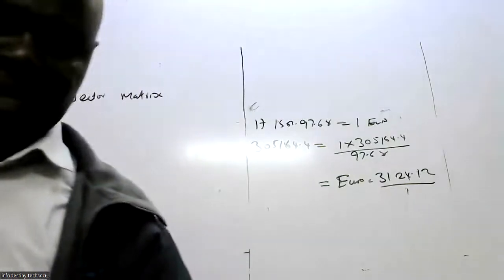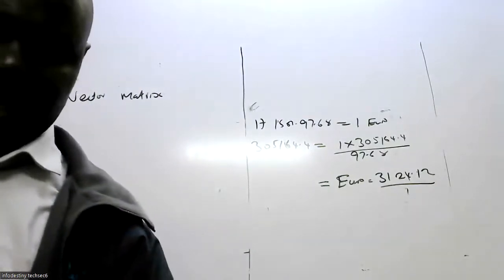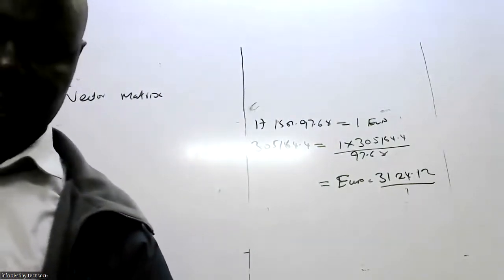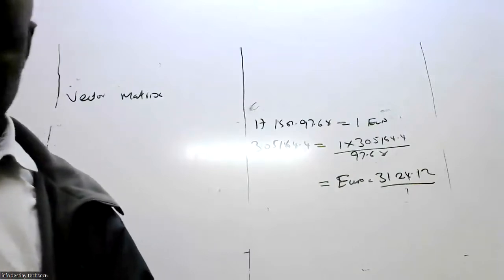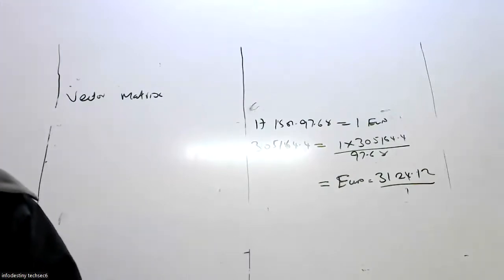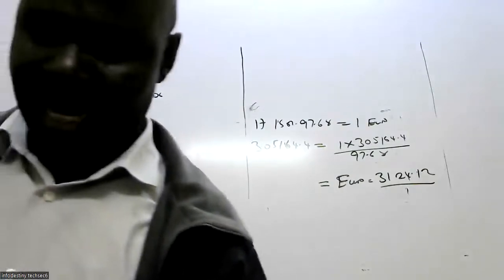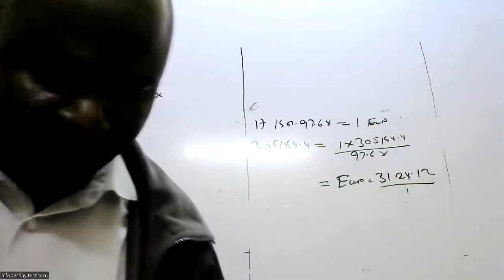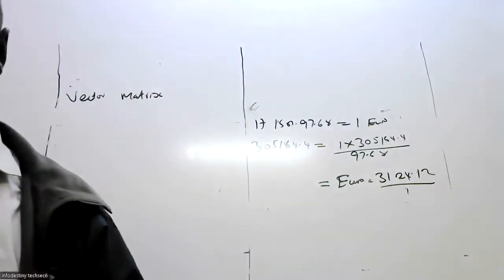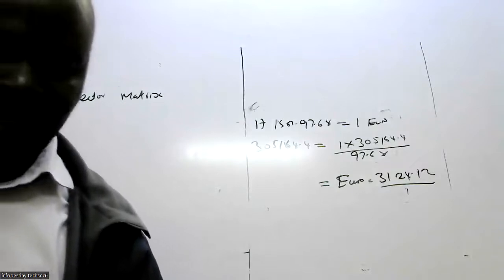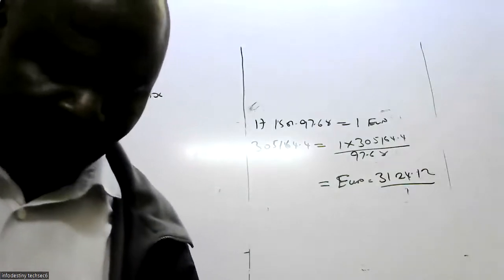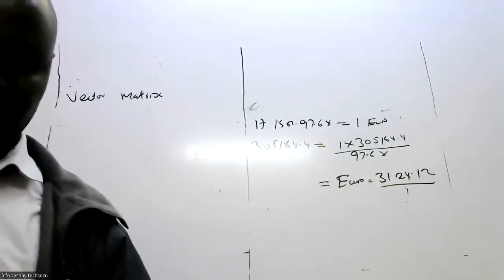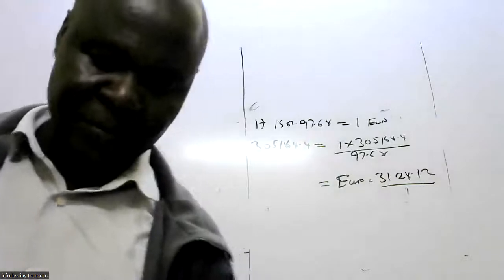Now, what's a vector matrix? A vector matrix is a matrix which has a single row or a single column.